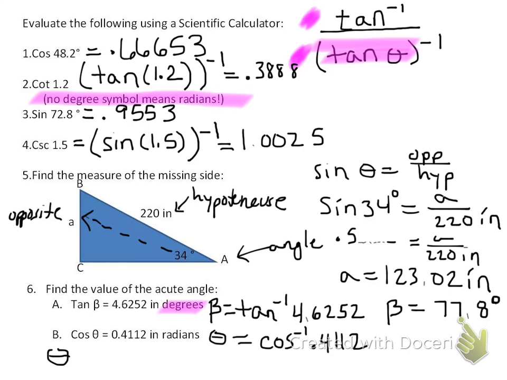So what is my measurement for theta? 1.147. I tried it and you said domain error. Radians.